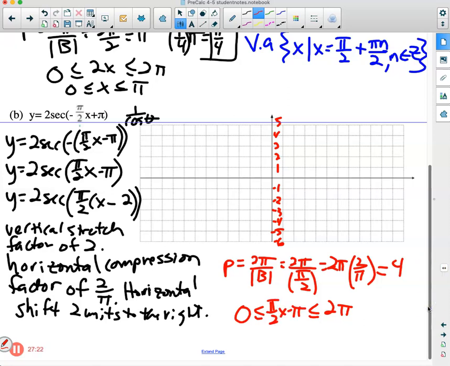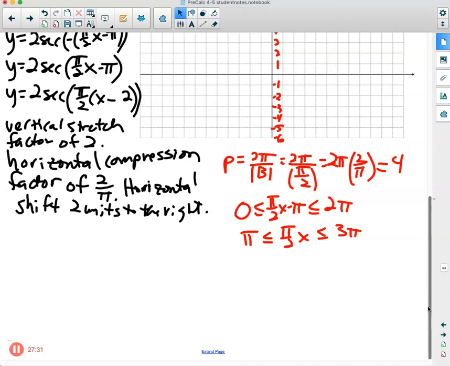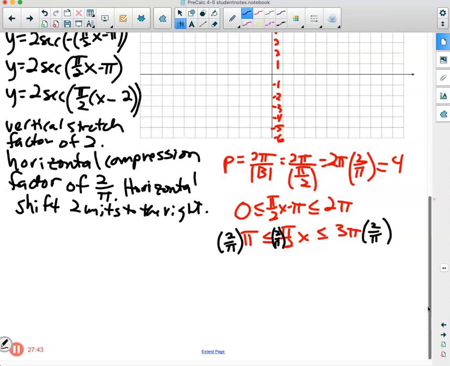So let's see what happens here. We'll add pi to all 3 pieces, and then we'll have to multiply all 3 pieces by 2 over pi. All right. Ooh, cool. Our pi's drop out there.